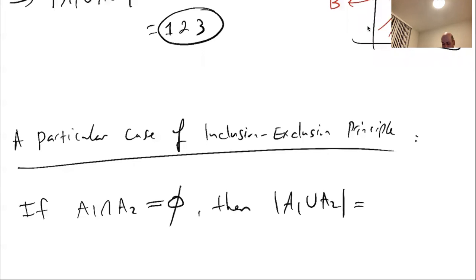Then in that case, the number of elements in A1 union A2 will be the number of elements in A1 plus the number of elements in A2.